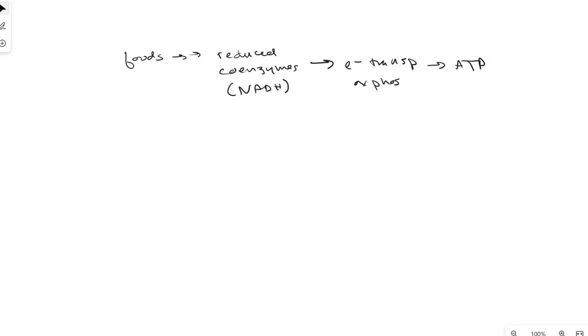And the reoxidation of NADH specifically looks like this, where NADH, which is our reductant, plus protons plus molecular oxygen, which is our oxidant, goes to form NAD plus H2O.